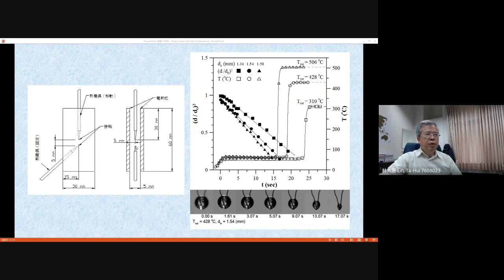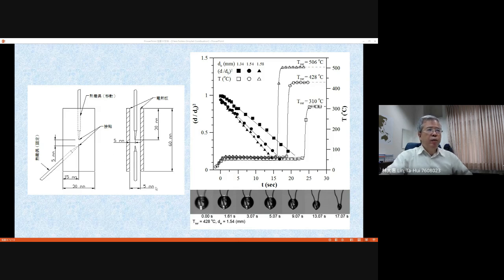Then, as the temperature reaches the prescribed temperature required for the experiments, we move the thermocouple with the droplet into the center of the test zone. Now, the upper thermocouple is moving, and the lower thermocouple is fixed and used to measure the local temperature of the hot environment.